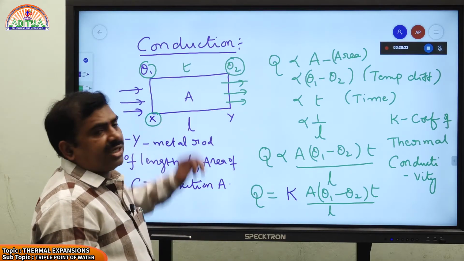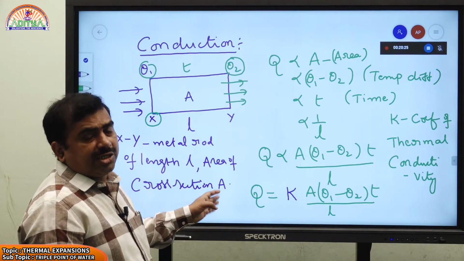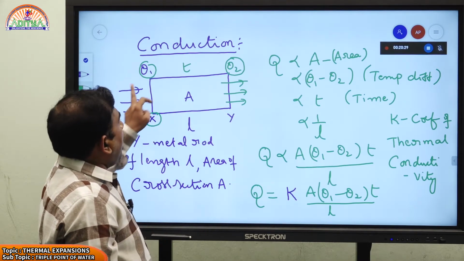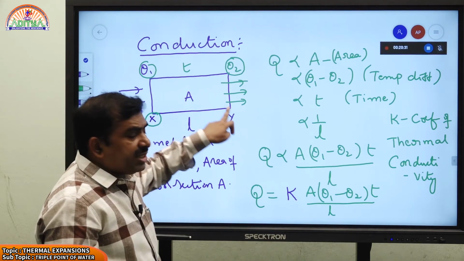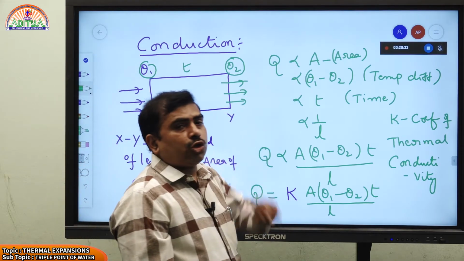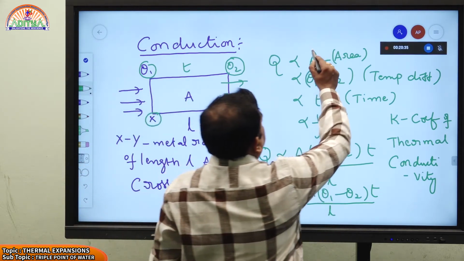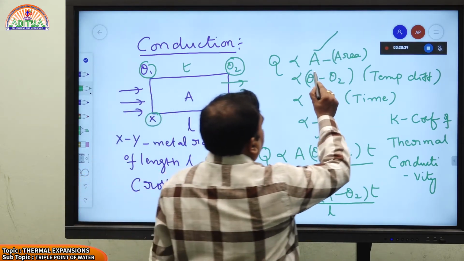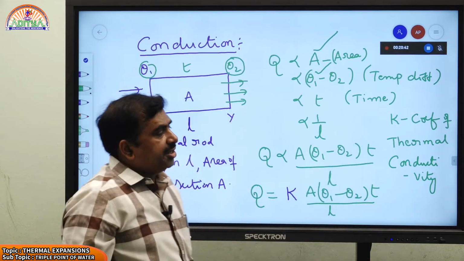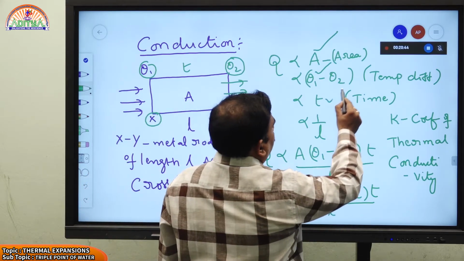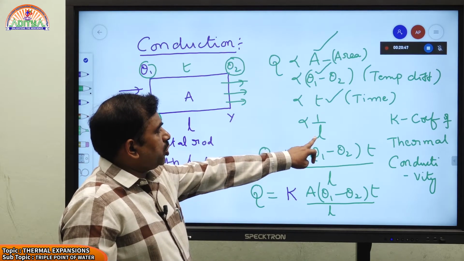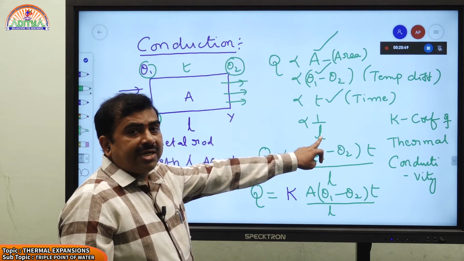It will take T seconds. So T represents the time of flow of heat. Now, the amount of heat passing through this conductor is directly proportional to the area of cross section, the temperature difference, and the time of flow of heat, and it is inversely proportional to the length of that conductor.